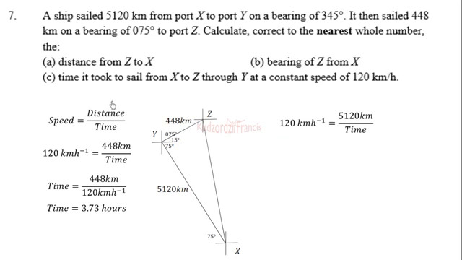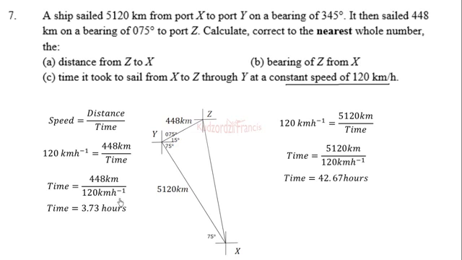The speed is still the same, which is 120 kilometers, because it says that it travels from X to Z through Y at a constant speed of 120. So the speed is the same throughout. We swap again to get this equation, and we calculate 5,120 divided by 120 to get 42.67 hours.